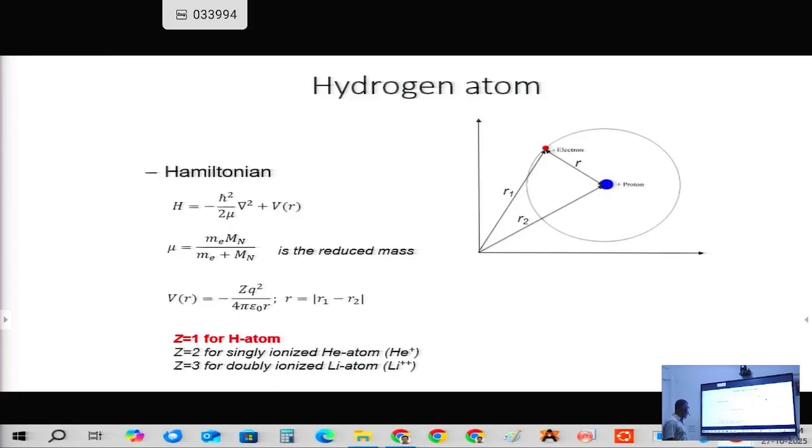Now, as I said, we can solve this for the hydrogen atom, or using the same method for helium ion or doubly ionized lithium.